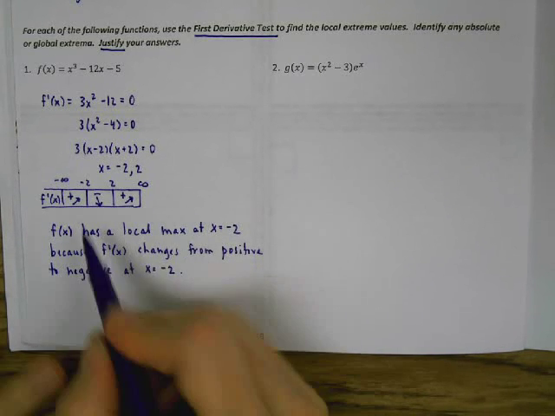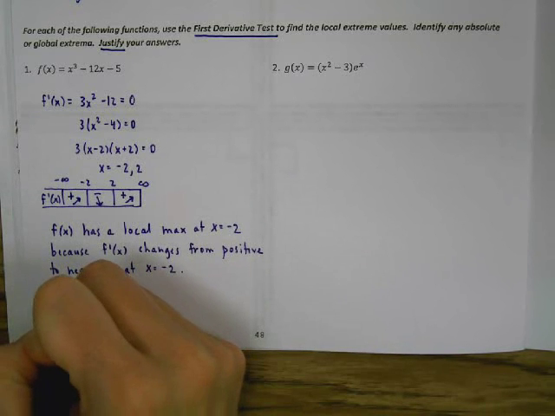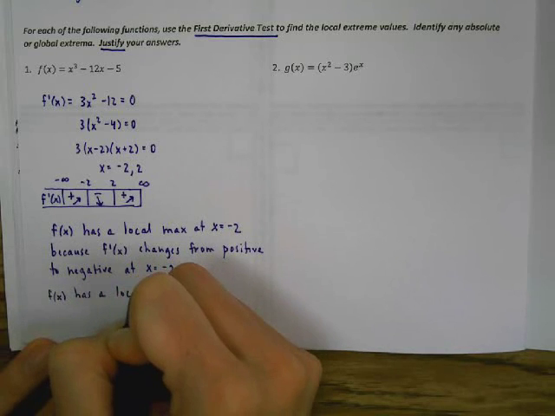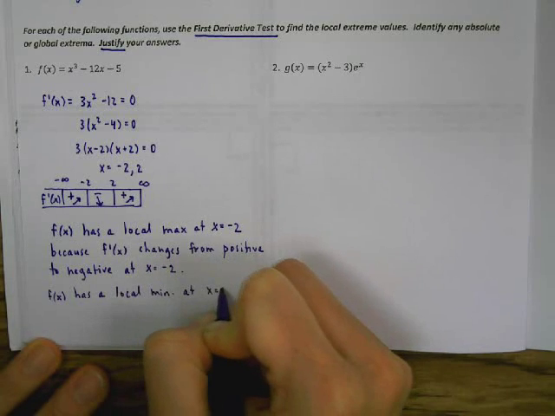Now, on the other hand, I notice that at 2, I change from negative to positive, so I can also say that f of x has a local minimum at x equals 2.